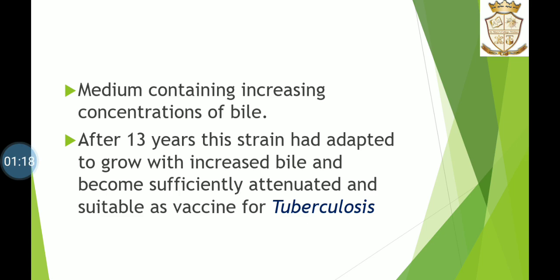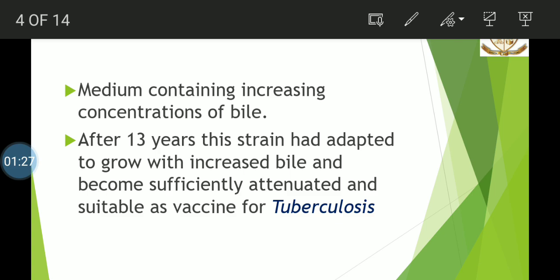After 13 years, this strain had adapted to grow with increased bile and become sufficiently attenuated and suitable as a vaccine for tuberculosis. So this is the method for preparation of BCG: the bacterium is cultured in a medium of high bile concentration, and this vaccine is suitable for the disease tuberculosis.